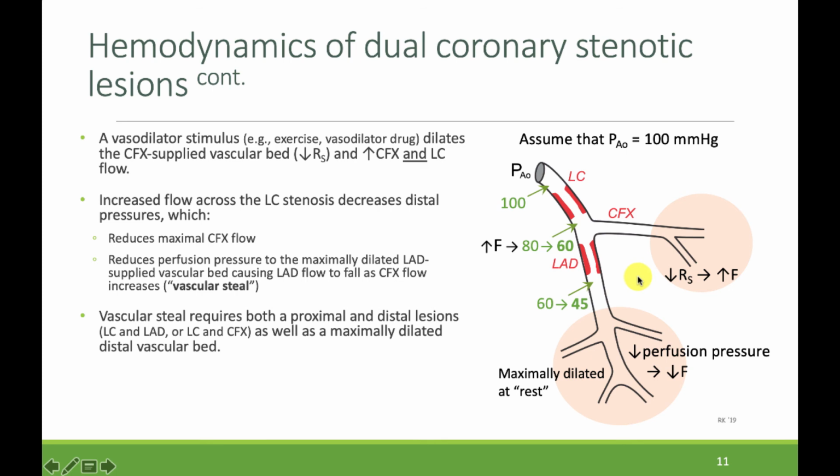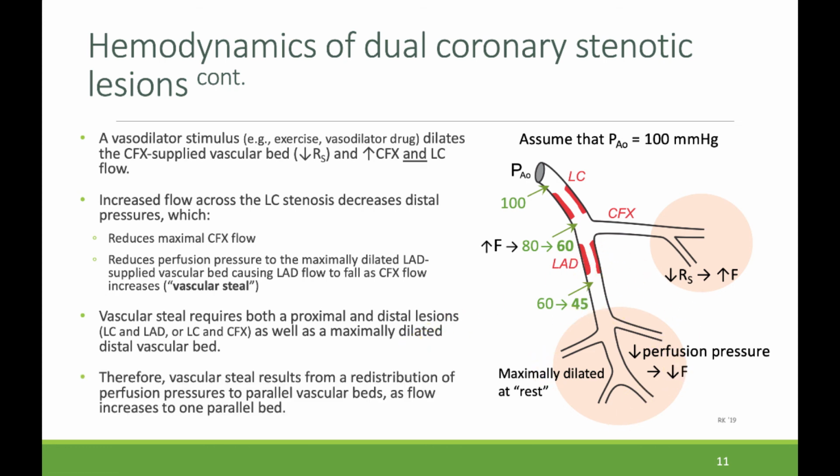We can see from this model that vascular steal therefore requires both a proximal lesion and a distal lesion, and also a maximally dilated vascular bed that is distal or being supplied by this distal lesion.